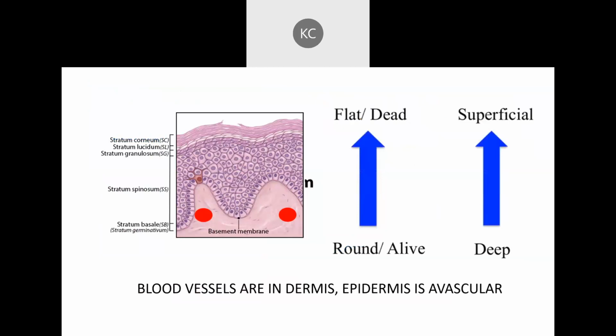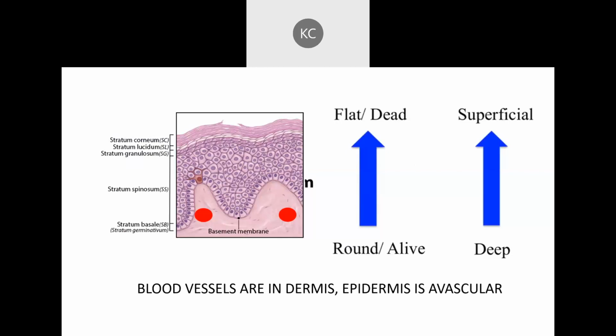They are undergoing mitosis, they're mitotically active, and they begin pushing their way up into a more superficial layer. But as they push their way up, they become progressively kind of flattened, they become more squamous in shape, they lose their nucleus, and then they ultimately die. Okay, so keep in mind, at the bottom, we're alive and we're round. At the top, we become more flat, more squamous, and we're dead.